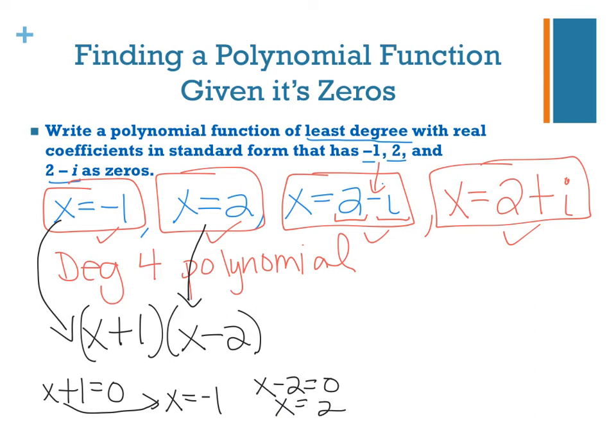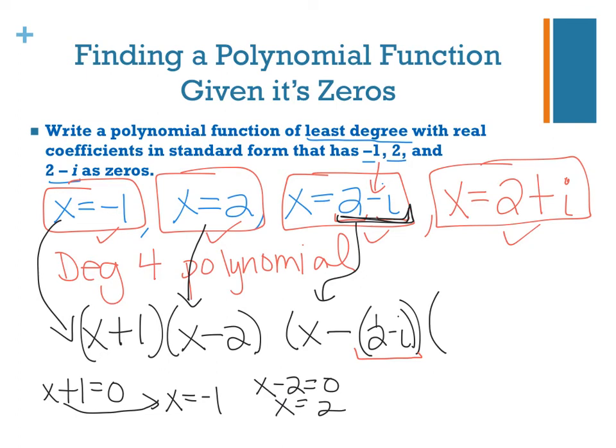Now, the complex zeros are a little different. When I write their factor, I'm going to say x minus (2 minus i). Because there are two terms here for my zero, I have to subtract both of those terms, so I put the complex zero in another set of parentheses.